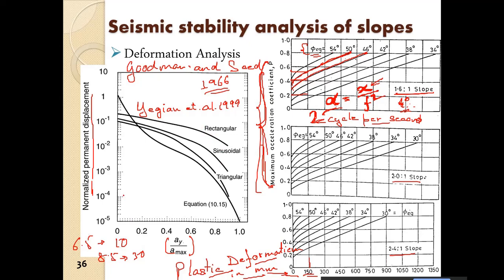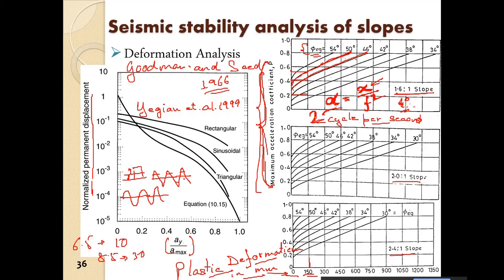So this is rectangular time history. So suppose this is AY and we have this exceedance here. This is sinusoidal, as we have discussed, and this is triangular, like this. So we have this exceedance here.